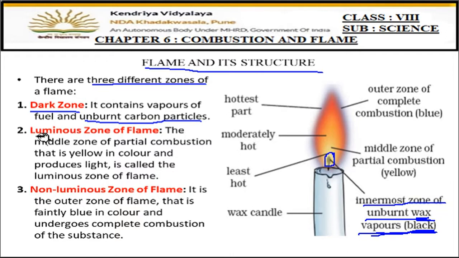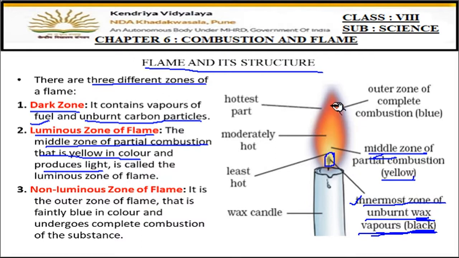Now next is the luminous zone of the flame. You can see this yellow part, the middle zone. This is the innermost zone, and then we have the middle zone. The middle zone is yellowish and orangish in color, and it is also known as the luminous zone. It is the zone of partial combustion, that is yellow in color and produces light.